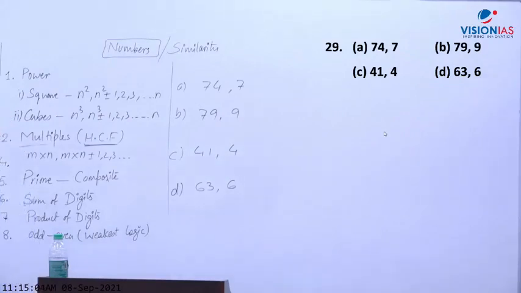Okay, Suraj is saying that for question 26, 1 minus 1 cube is 0, so 2 minus 2 cube is 0.